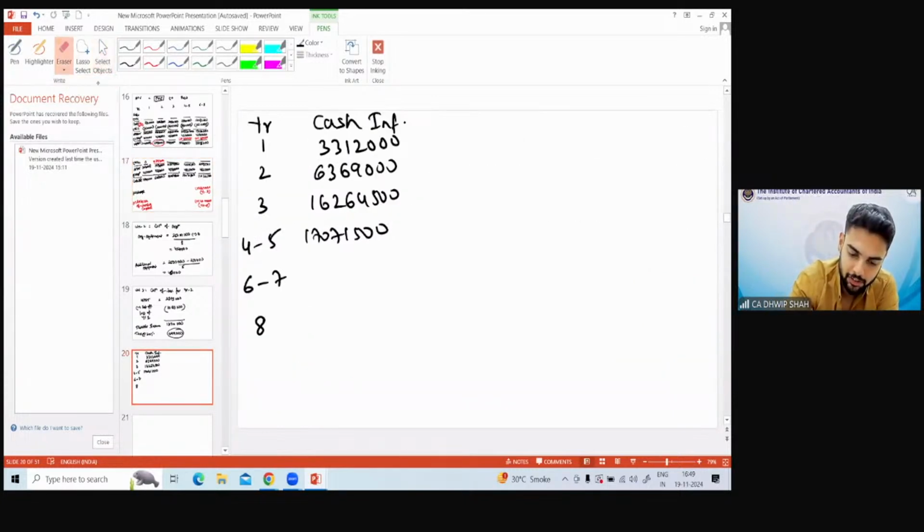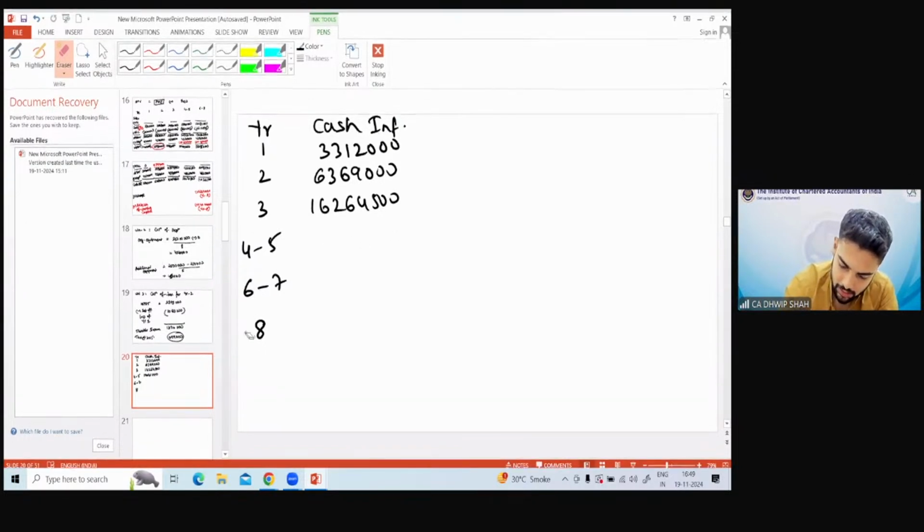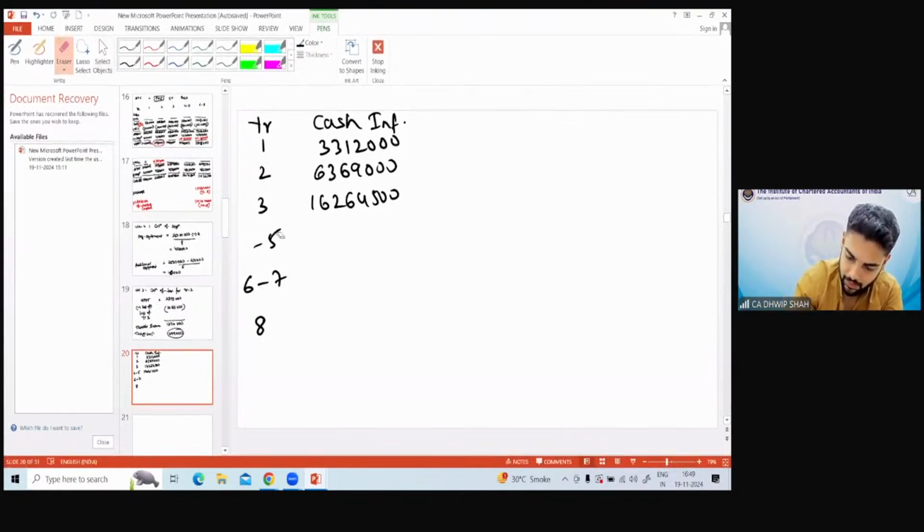To avoid confusion, let's take each year independently: 4, 5, 6, 7, and 8.